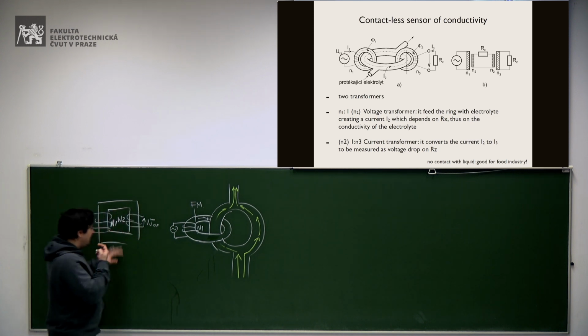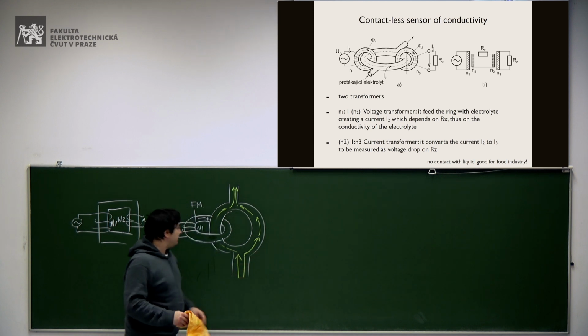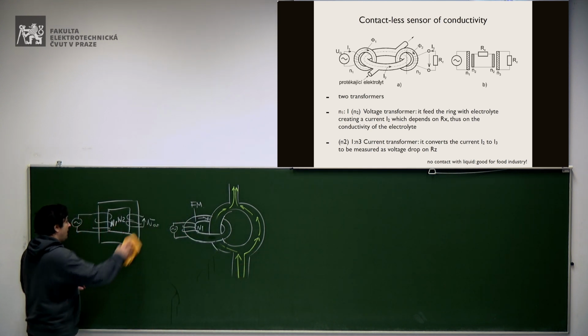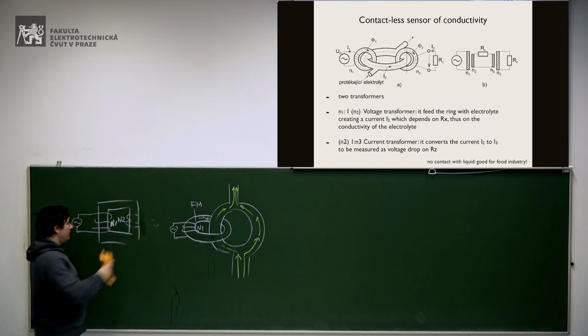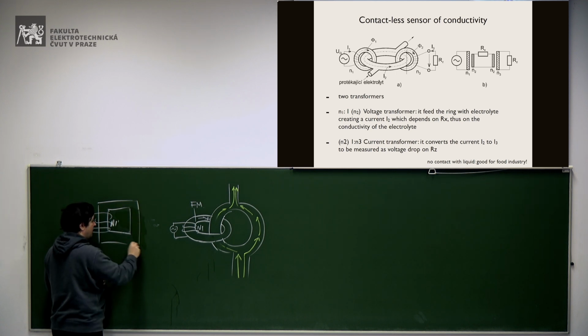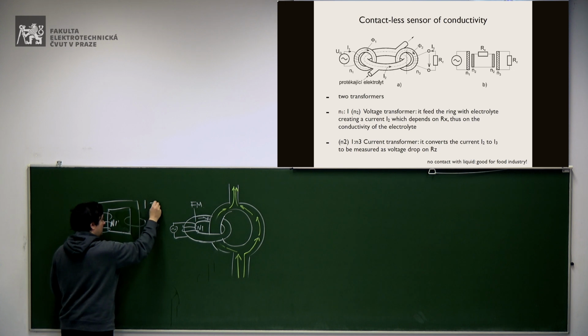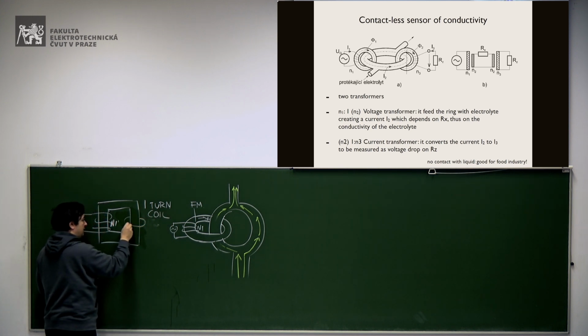So just imagine that the electrolyte itself, this ring of electrolyte, is effectively a one-turn coil. So it's like if on your typical transformer here, you have a one-turn coil, this one.